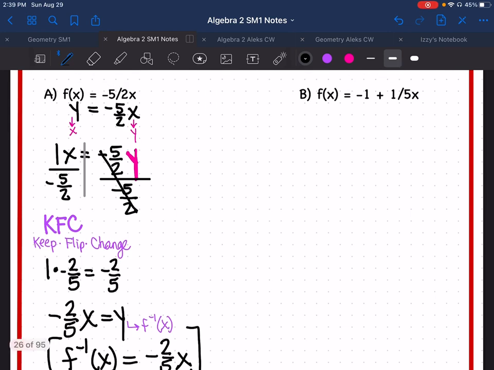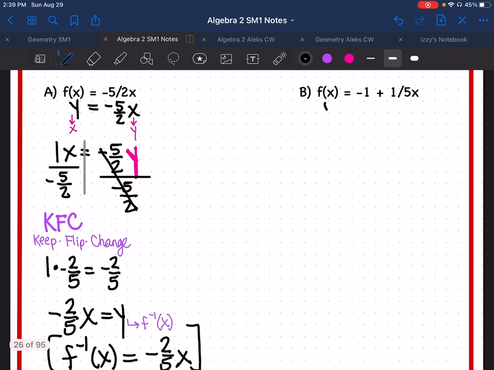Let's try another one. Okay, so change the f of x to y and change the letter x to the letter y. Go ahead and switch them. Make this one x, make this one y.